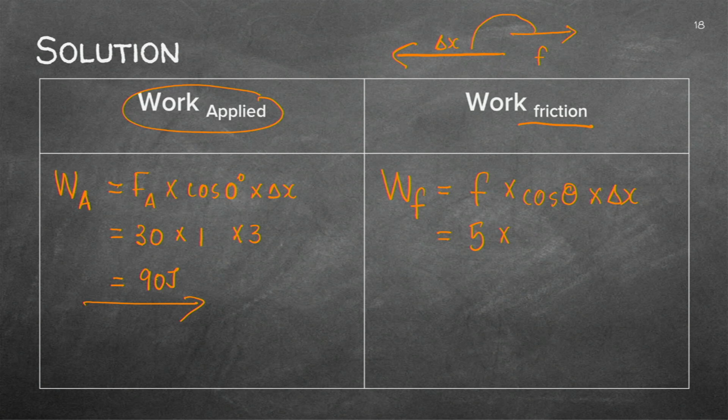And you can see the angle between those two will be 180 degrees. So this is cos 180 times the 3. Again, the 5 times the 3 gives me a value of 15, but cos 180 degrees is minus 1. Therefore, the frictional force will have a value of 15 joule, but in the negative.